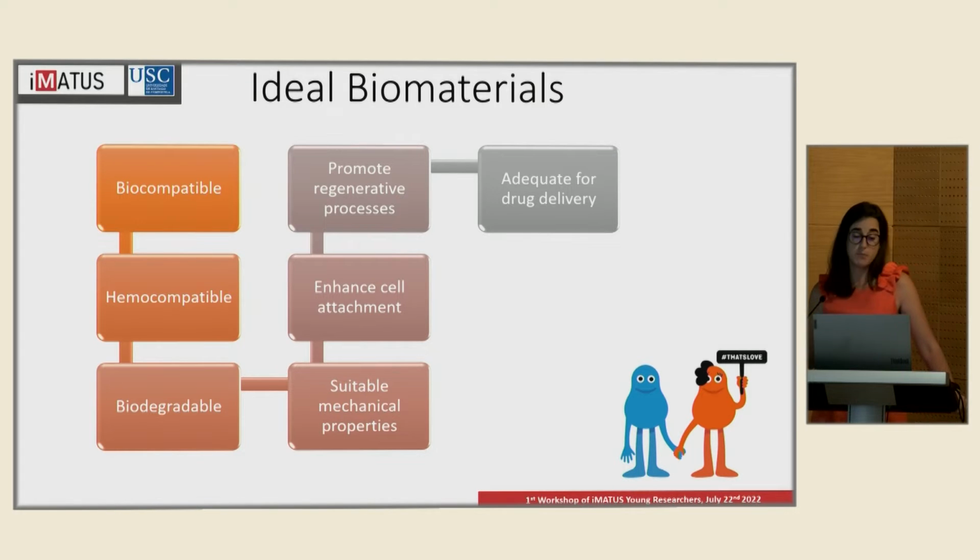They should be biocompatible, hemocompatible, biodegradable, with suitable mechanical properties, enhance cell attachment, promote regenerative processes, and be adequate for drug delivery. I'm going to talk a little bit about how we test each of these points and understand which is a good or bad biomaterial for each of them.